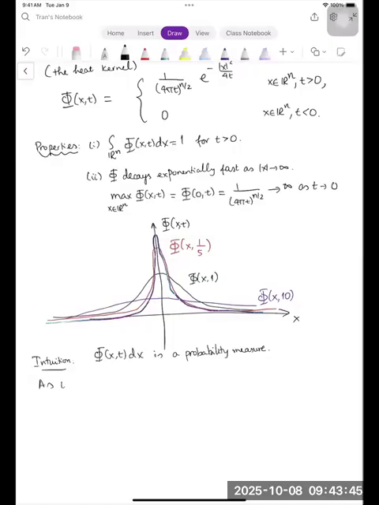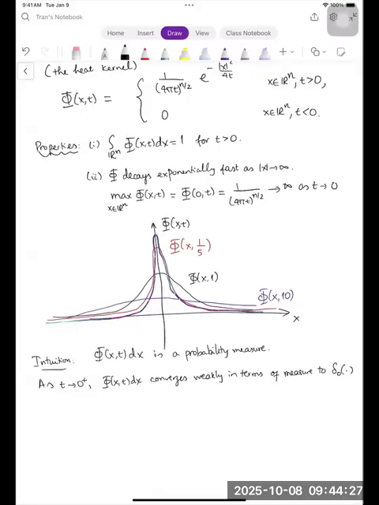As t goes to 0 from the right, you can see that phi(x, t) dx converges, weakly in terms of measures, but we are not talking about measure theory in this class, so it's okay, to the Dirac delta at 0. So it pushes all of the mass to just 0.